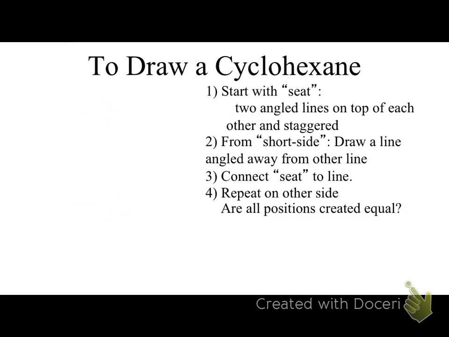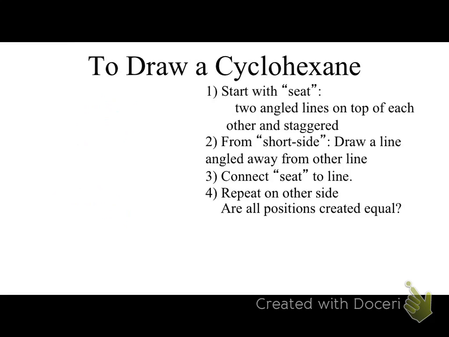The next fun issue: are all the positions on our cyclohexane created equal? So what do I mean by that? Here's our chair, our cyclohexane. If I compare this green bond to this green bond, do they see the same things? No. They're both aimed up, but this one's aimed kind of out away from the side of the structure, off to the side.